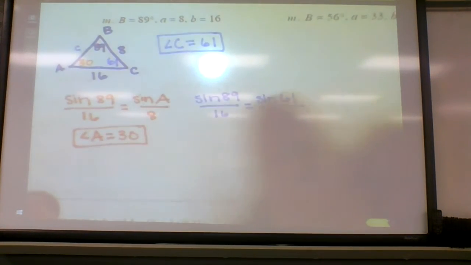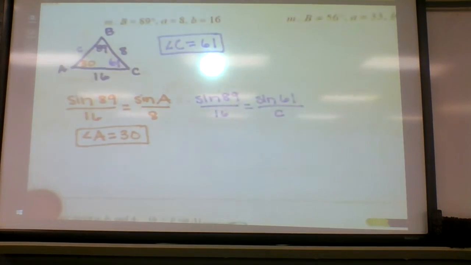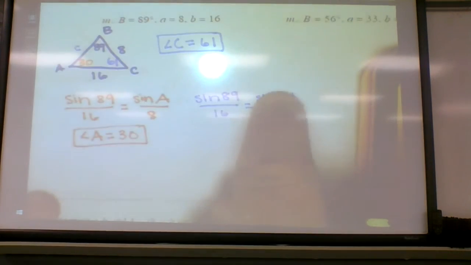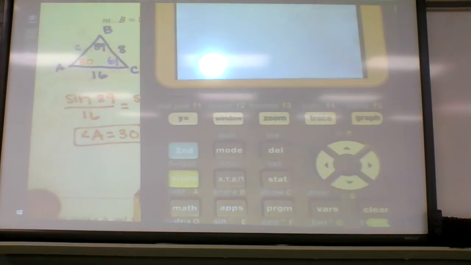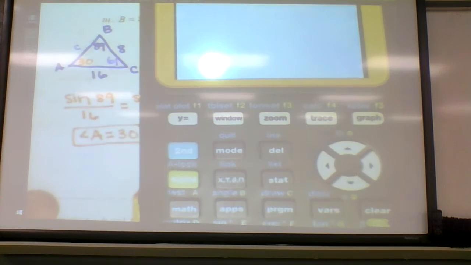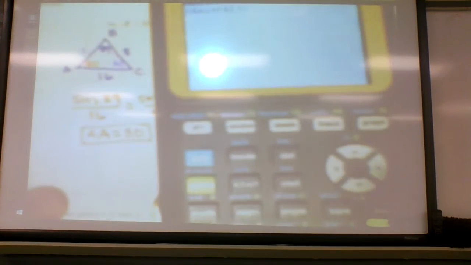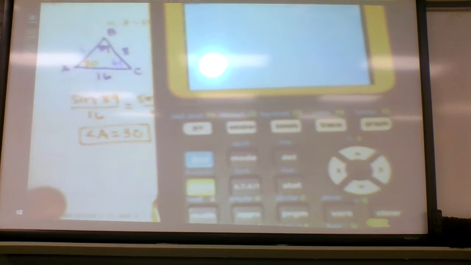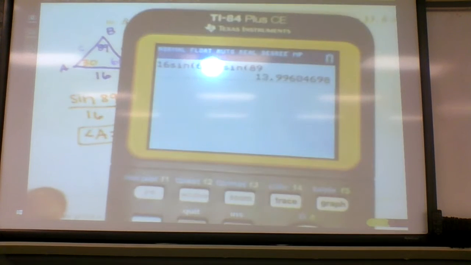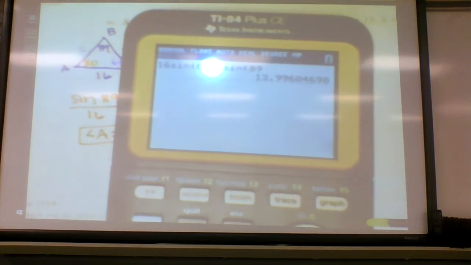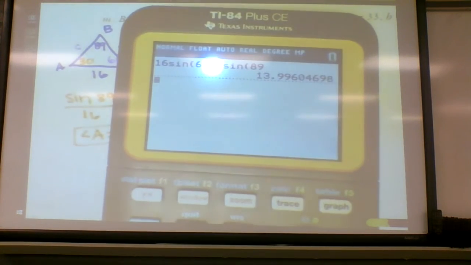You're going to multiply. We don't need a sine inverse on this one. So we'll multiply 16 by the sine of 61, and then divide by the sine of 89. So I have that side C is equal to 14.